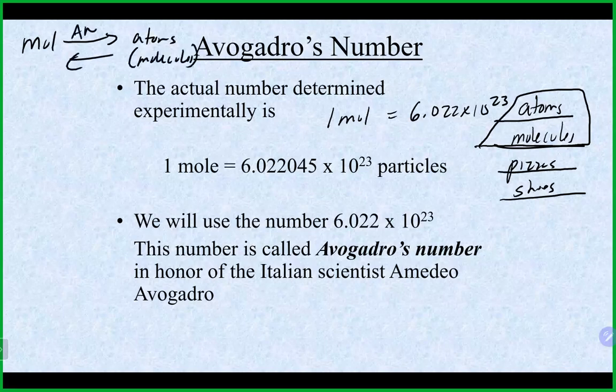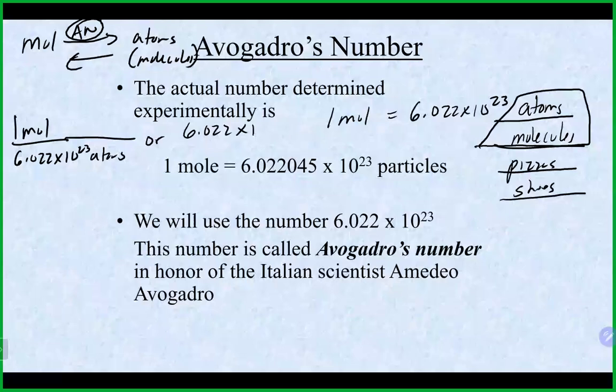It is really just a conversion factor. So you could say 1 mole on top, 6.022 times 10 to the 23 atoms on the bottom. And you could flip it around and go 6.022 times 10 to the 23 atoms on top and 1 mole on the bottom.